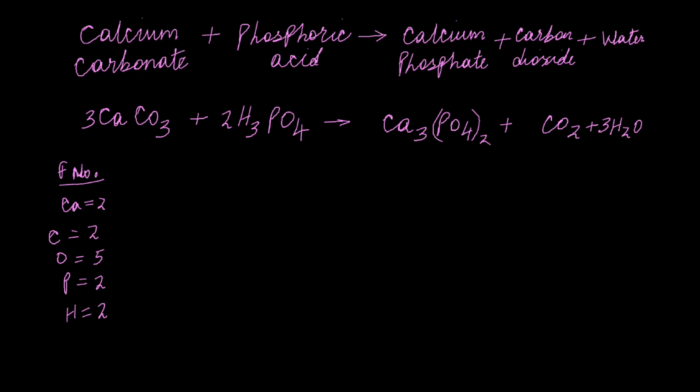Next you have to balance the carbon, because carbon has atomic number 6. Clear? So carbon 3 on the left hand side, 3 on the right hand side now. Balanced. Then phosphorus. Now phosphorus 2 on the left hand side, 2 on the right hand side.